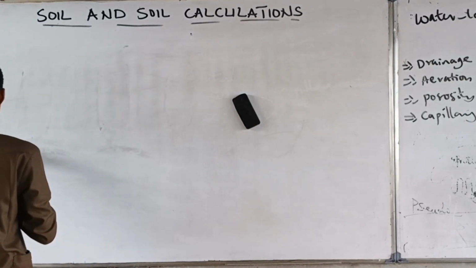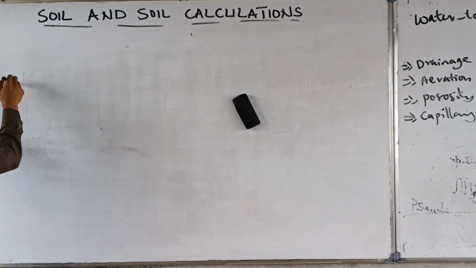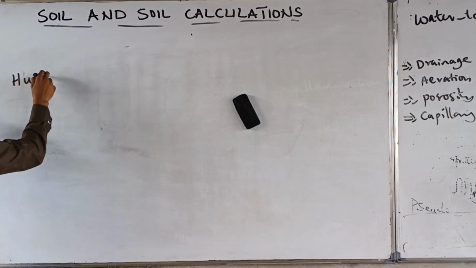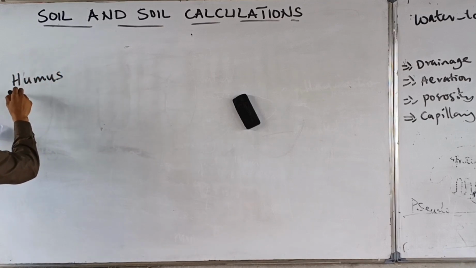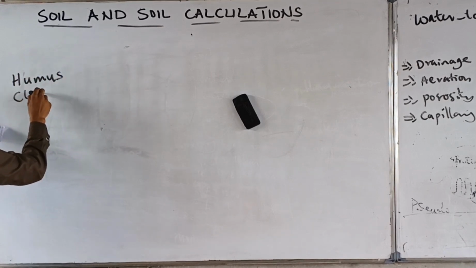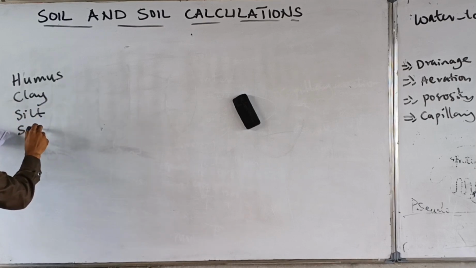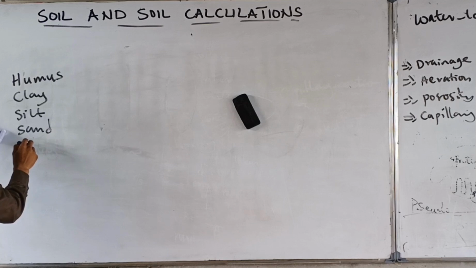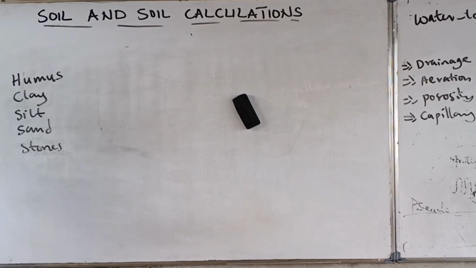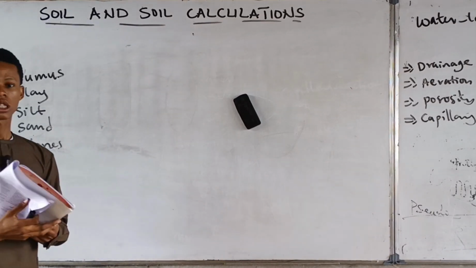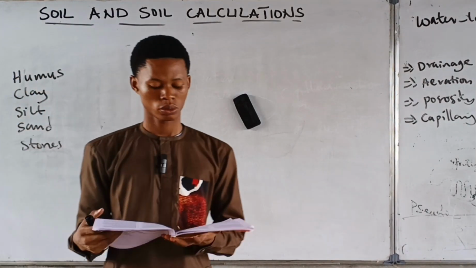So I'll just list out the particles here, then you tell me how they will settle. From these particles here, from light to heavy, tell me how they will settle.